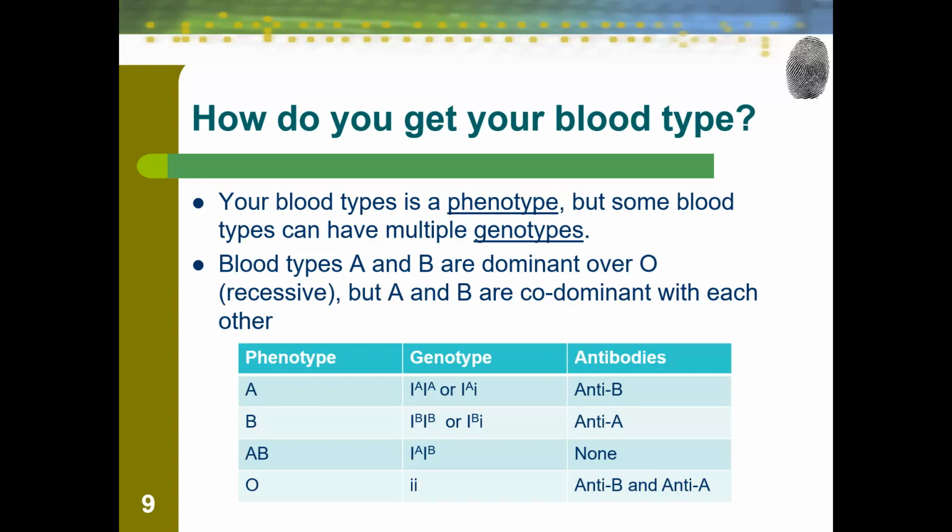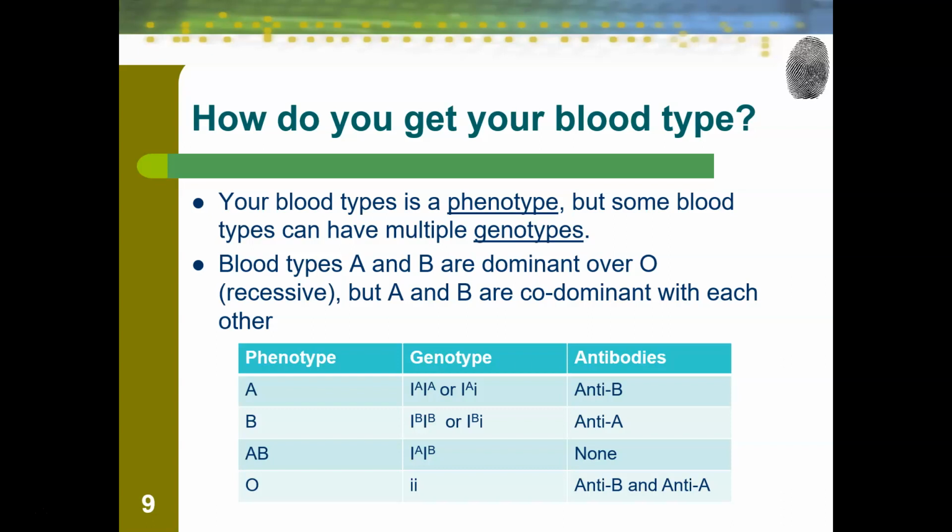If you have type A blood, your genotype could either be capital I^A I^A, meaning you are homozygous for type A blood, or capital I^A, lowercase i, meaning that you are heterozygous for type A. And those individuals have anti-B antibodies in their blood because their blood is anti-B.